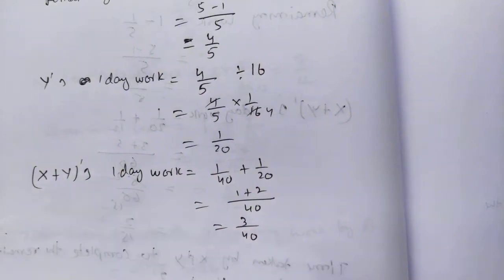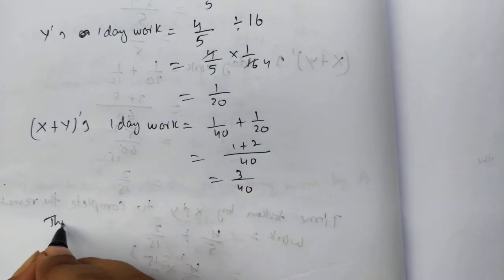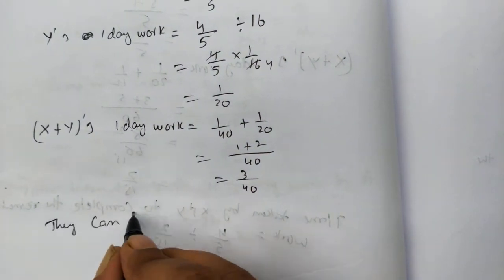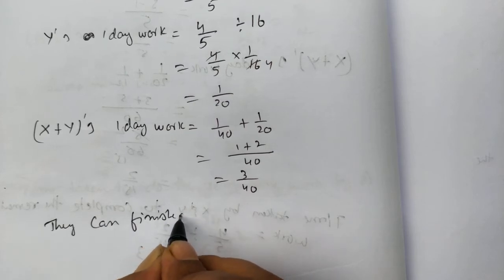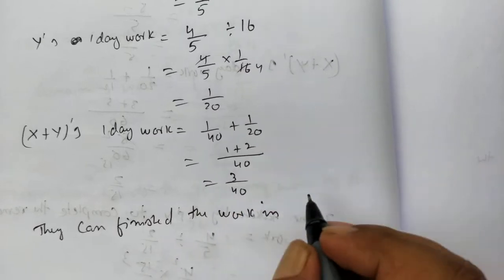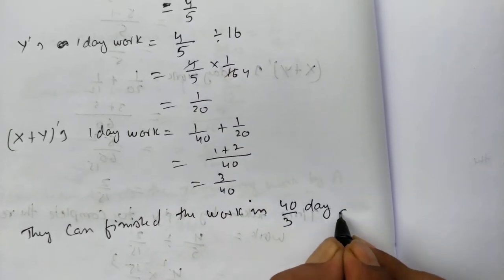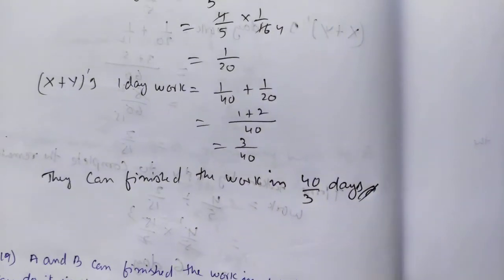That means if they work together, they can finish the work in reciprocal of this, 40 by 3 days. Clear?